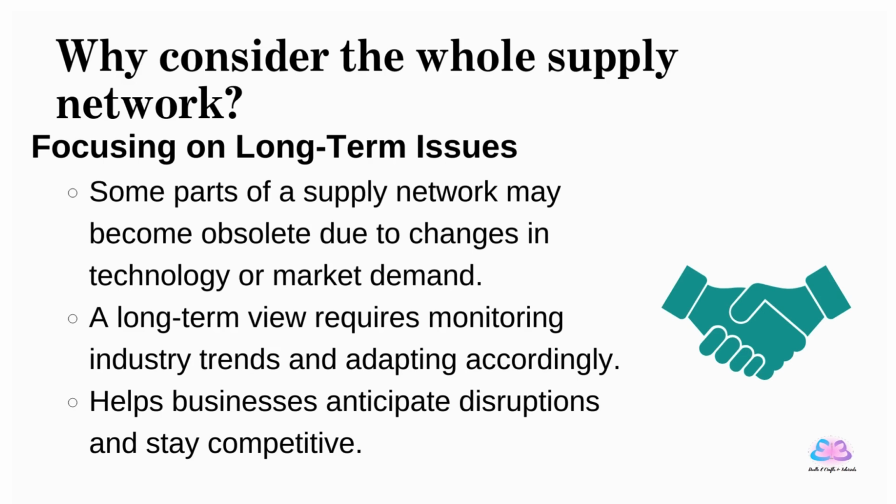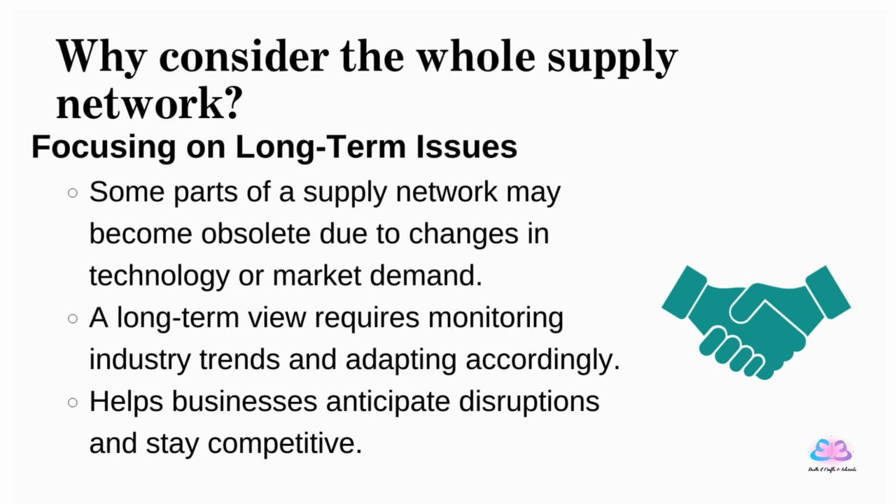Now, let's focus on long-term issues within the supply network. A supply network is not static. It evolves based on changes in technology, consumer behavior, and market trends. Obsolescence in the supply network: over time, some parts of a supply chain may become outdated.